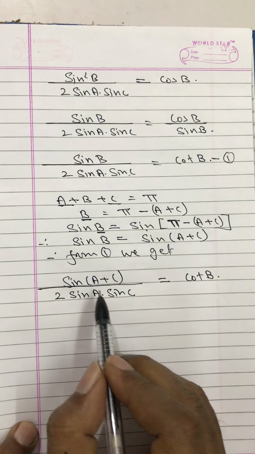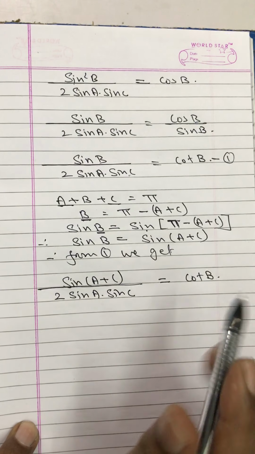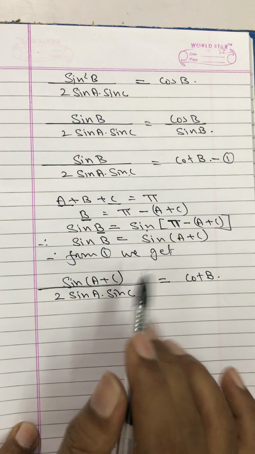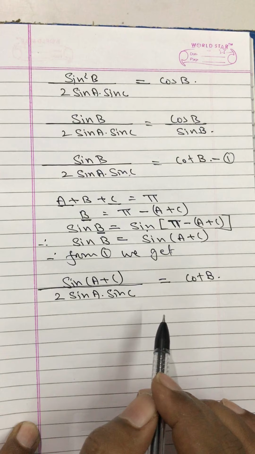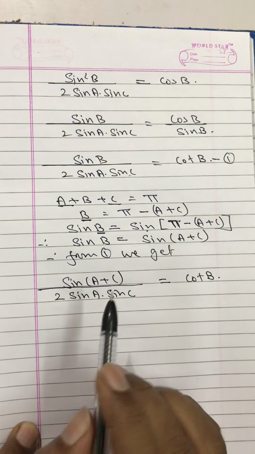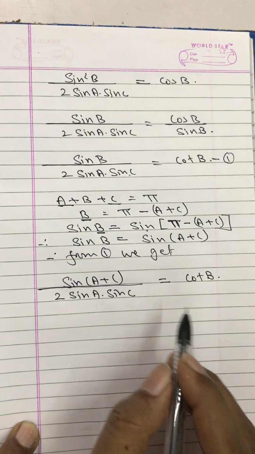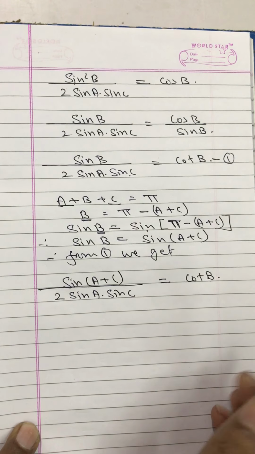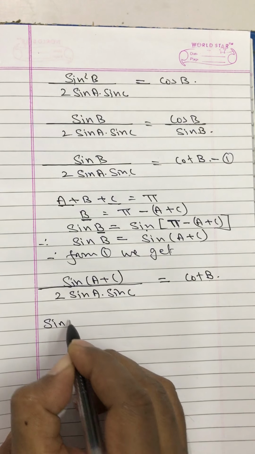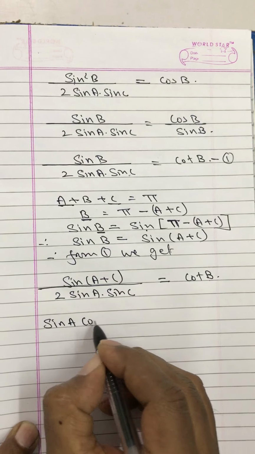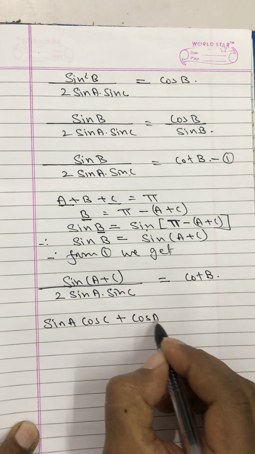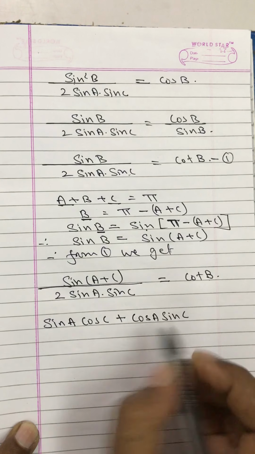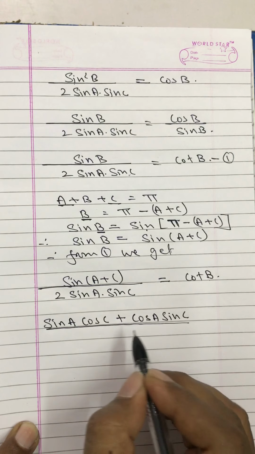But now considering sin A, now I have got A, C, and B is there. So everything I have to convert to cot now. Of course, the only thing that I can solve now is sin (A plus C) by the sin (A plus B) formula. I get sin A cos C plus cos A sin C. Okay.